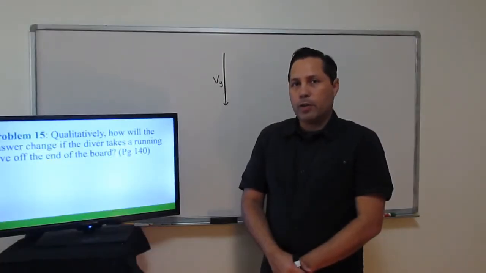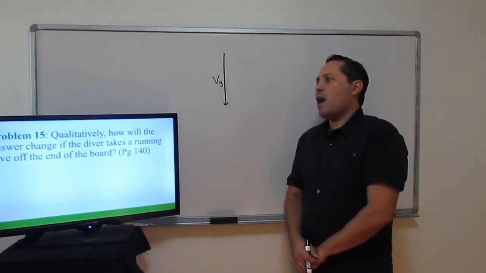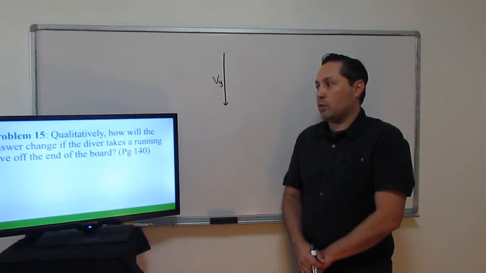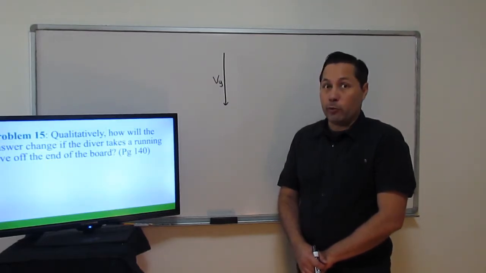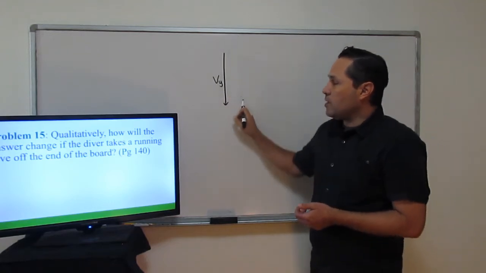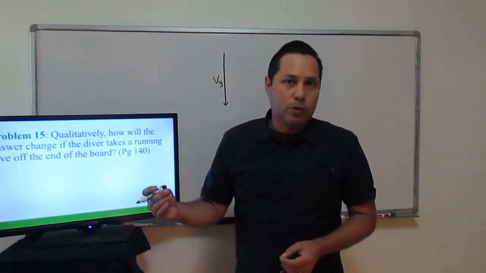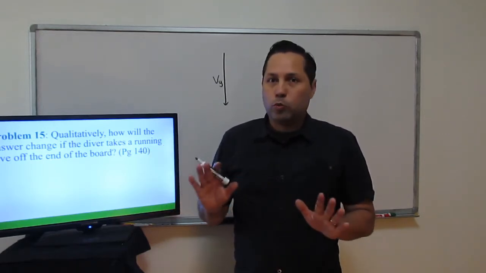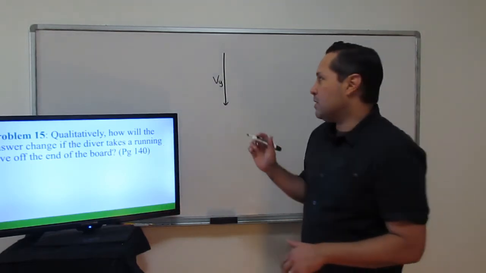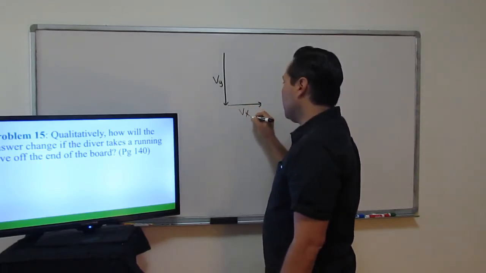Up next for us, we're going to take a look at problem number 15. It says, qualitatively, how will the answer change if the diver takes a running dive off the end of the board? So now he's running as he jumps. The velocity on the y-axis will remain the same as in the previous problem, so those answers will not change. But now the diver has added a velocity on the x-axis.